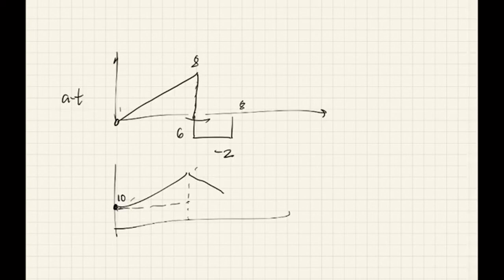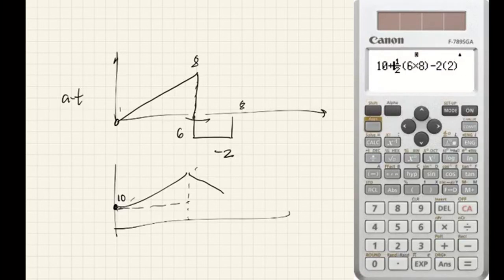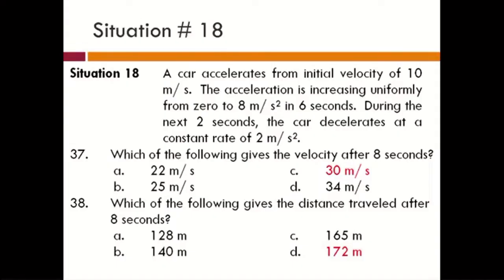So, magsisimula tayo sa 10. 10 plus yung area ng triangle, 1/2 times 6 times 8, tapos minus yung area ng rectangle sa ilalim, 2 times 2. So, ang velocity natin after 8 seconds is 30 meters per second.